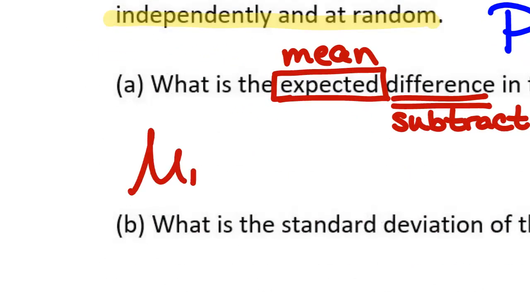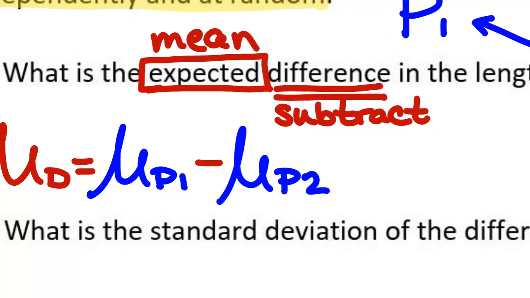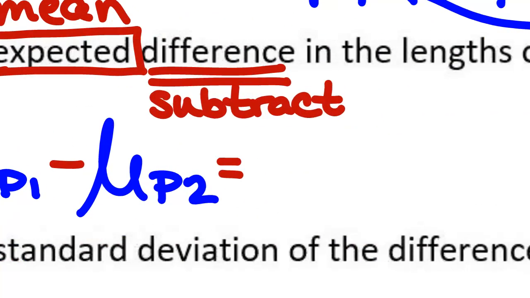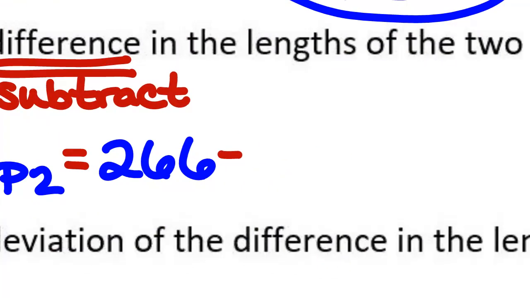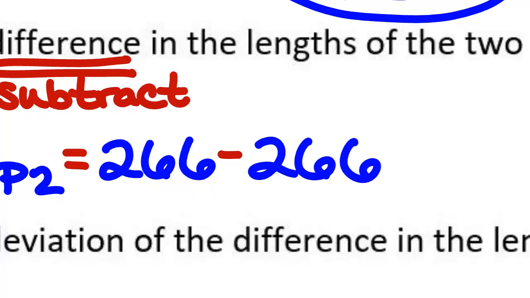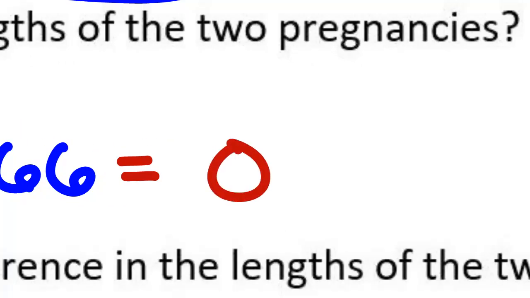So the mean of the difference would be equal to the mean for pregnancy 1 minus the mean for pregnancy 2. What is the mean for pregnancy 1? 266 minus the mean for pregnancy 2, which is also 266. So what is the expected difference? 0.